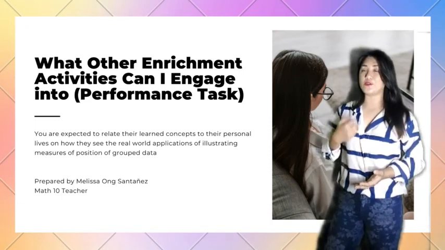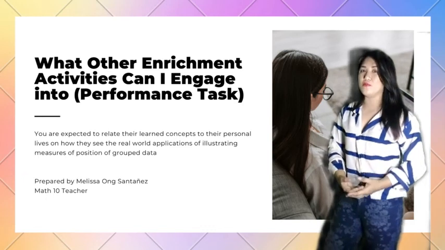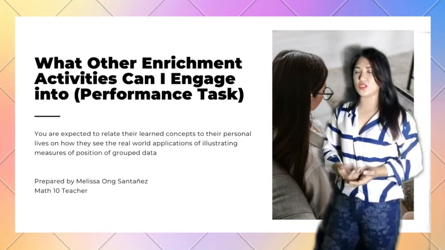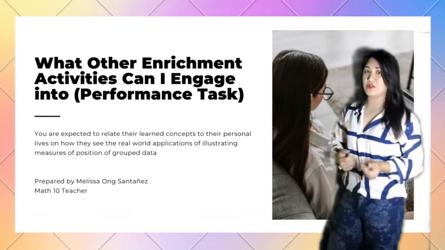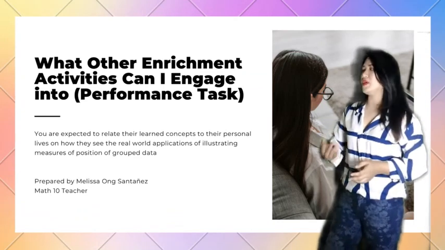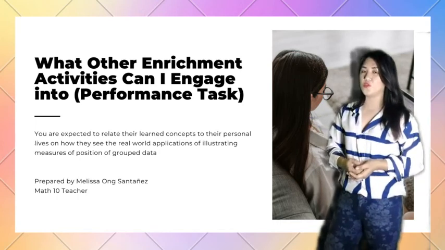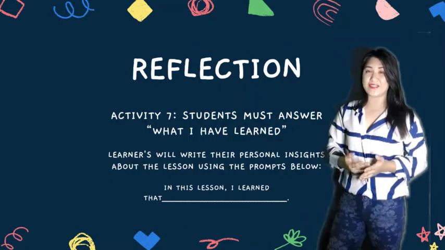You will be asked to create an output as soon as we finish discussing Unit 4 of Mathematics 10, Quarter 4. You will be writing your own reflection or journal. That will be your performance test. We will get to that as soon as we finish discussing everything for this module. Please don't forget to write your reflections, okay?